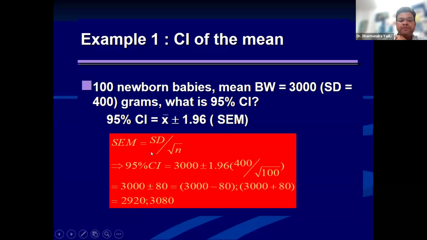X bar will be 3000 plus minus 1.96 into the standard error, which is 400 upon square root of 100. After calculating, you will get 3000 minus 80 and 3000 plus 80. So your range will be 2920 to 3080, and the value will lie in this particular range.